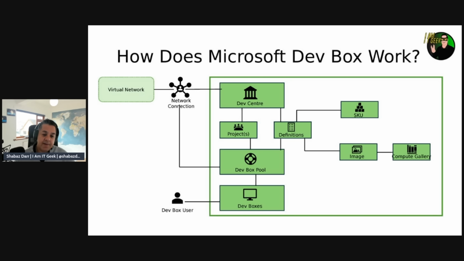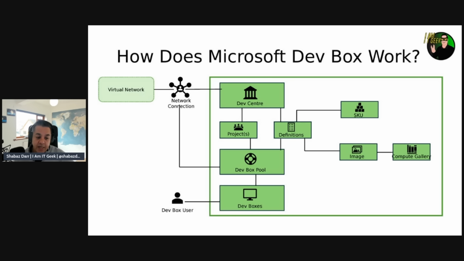So this is the hierarchy. The definitions, as we're going to see, have the different VM SKUs, as well as managing the image definition and the compute gallery. Underneath the projects is where the DevBox pool and the DevBox are stored, and the DevBox user actually connects into that DevBox. The developer will connect into the DevBox. So keep this diagram in mind, because this is what we're going to be using to talk about.